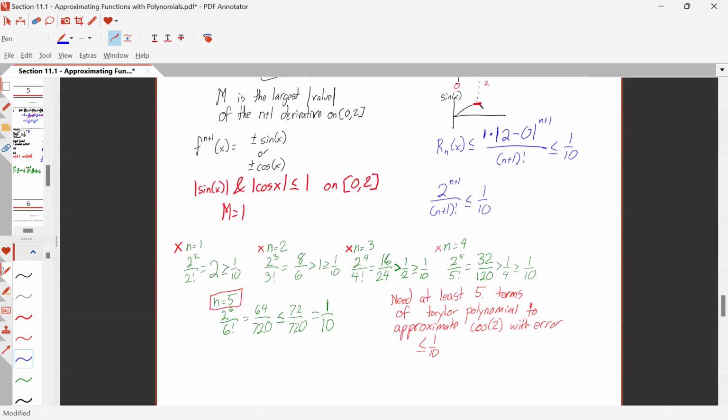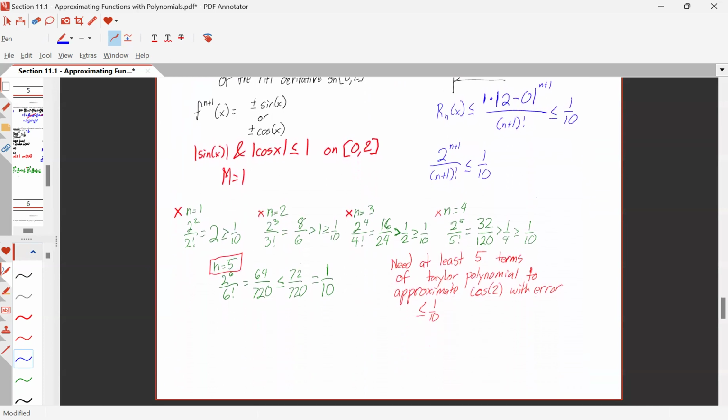But in reality, because the 5th derivative at 0 is sine of 0, which is 0, p sub 4 of x equals p sub 5 of x. So we actually only need 4 terms.